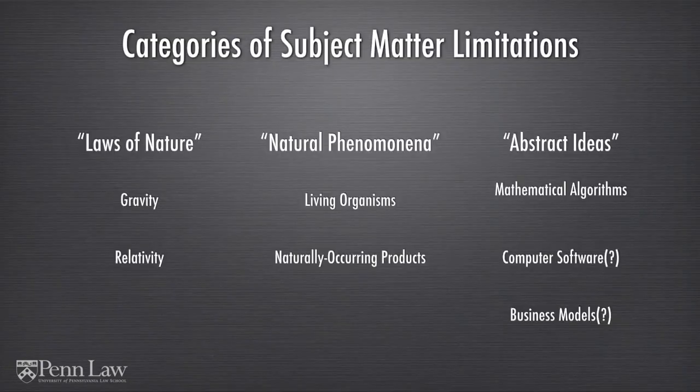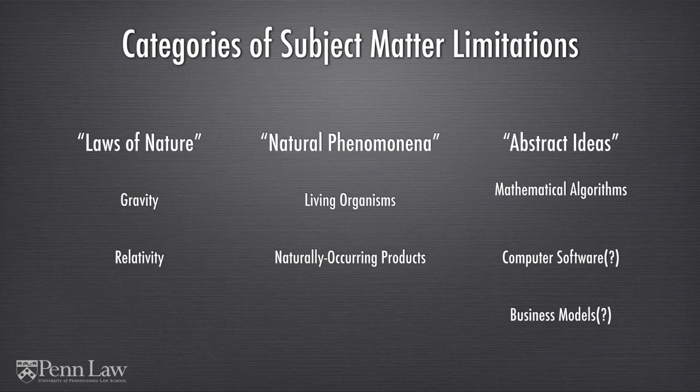And the third category of subject matter limitations, the third area in which you can't get a patent, is known as the abstract ideas category. And that is classically mathematical algorithms. So you can't patent mathematical algorithms, you can't patent math. The question in that category is how far do these mathematical algorithm exceptions to the patent statute go?